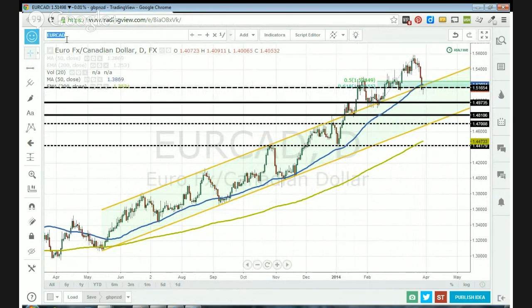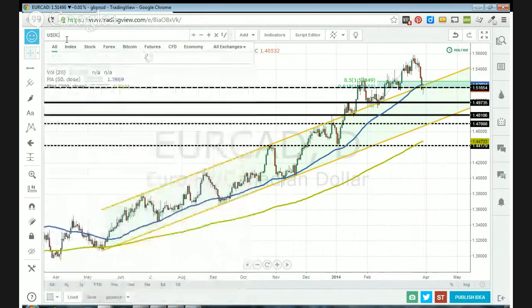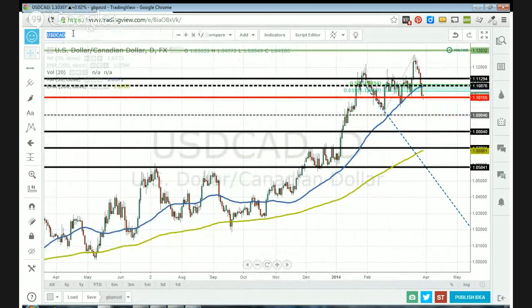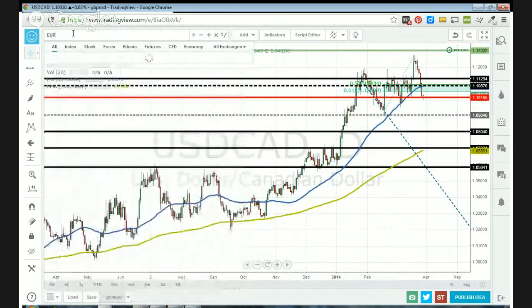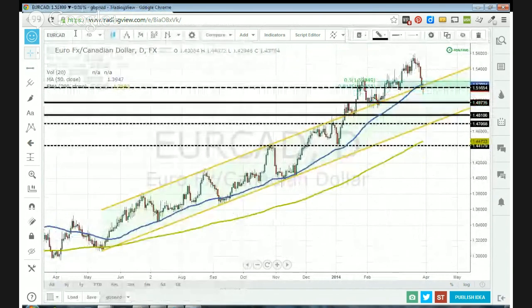Let me just take a quick look at dollar Canada again. Yeah, I went long dollar Canada, and that also did not work out. But maybe it's time now. Anyway, Euro Canada, let's come back to that. It may be getting close to time. Let's see if we can get a morning star pattern. I'm not going to put on a trade yet, but something I'll bear in mind.